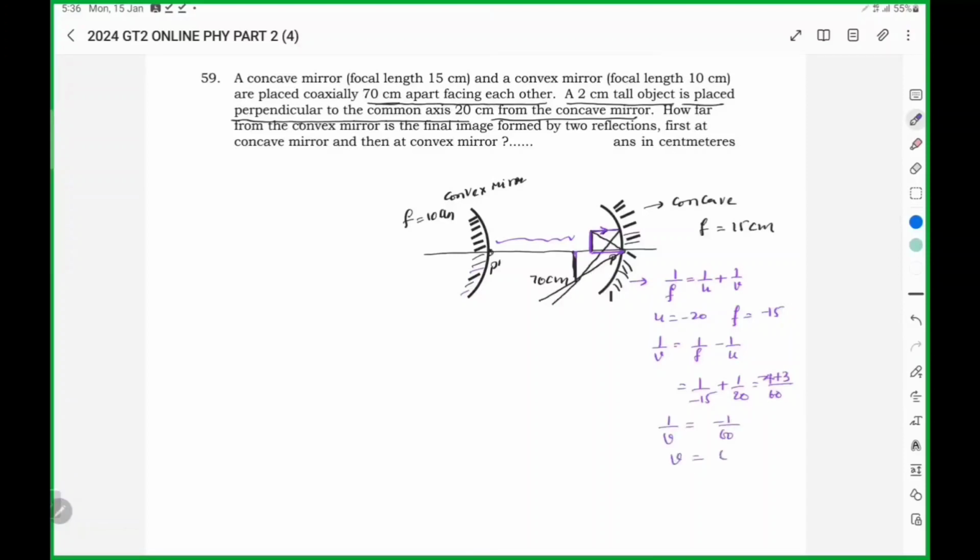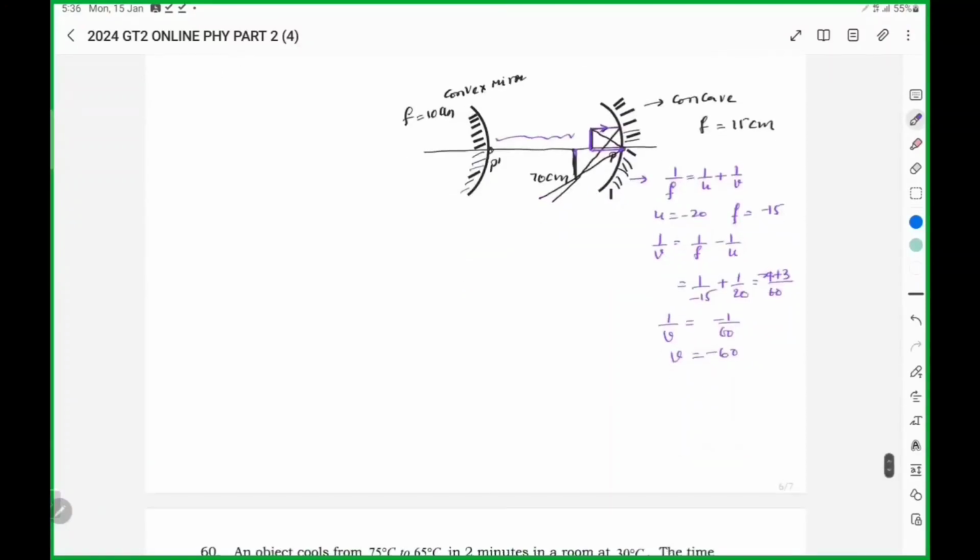V here is minus 60. That means the image is formed at a distance of 60 centimeters from pole P. Here the total is 70, so it is 60.